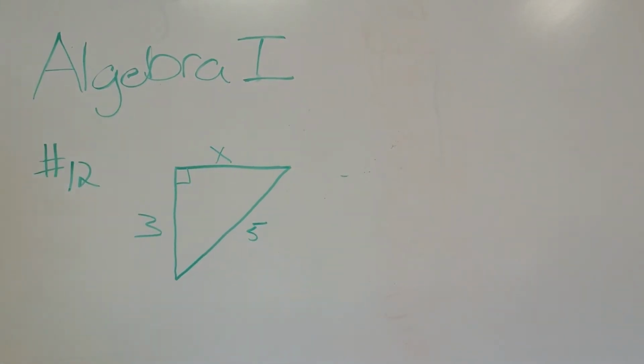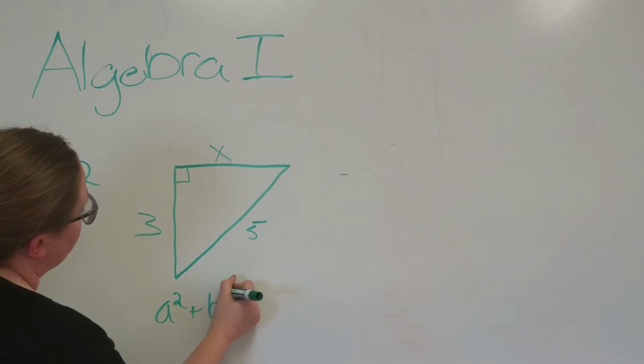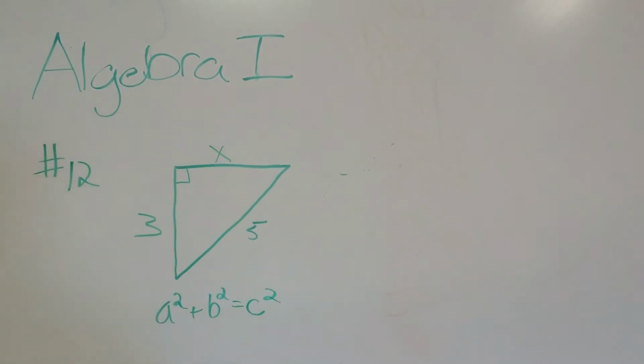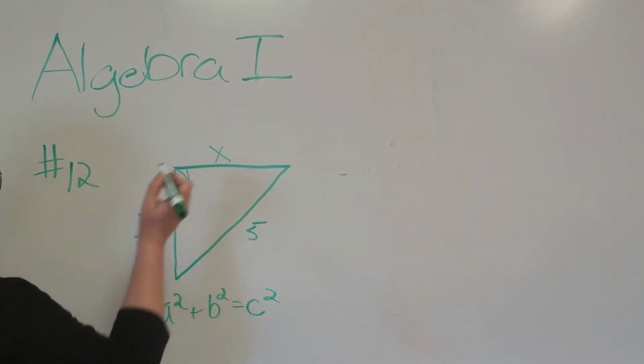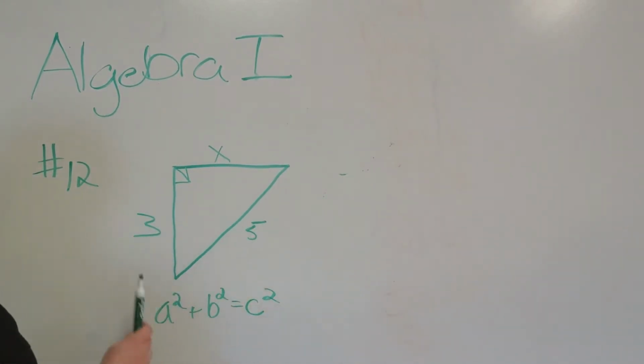Now remember the formula for finding a side, if you know two sides of a right triangle, is the Pythagorean theorem, which is a squared plus b squared equals c squared. What you got to know is that c is always opposite the right angle. Okay, so c is your hypotenuse, it's the longest side. So 5 is c. So you know one of your legs and you know the hypotenuse.